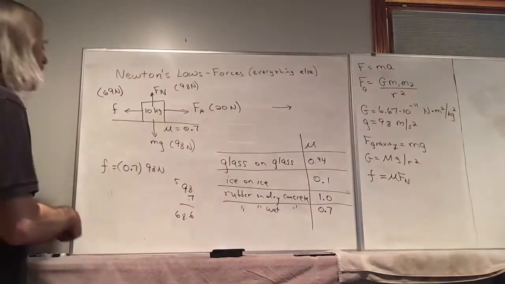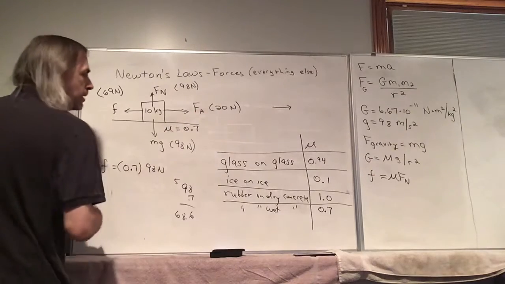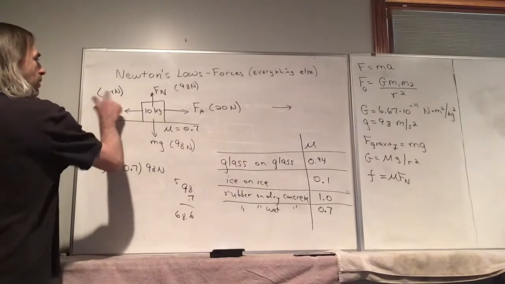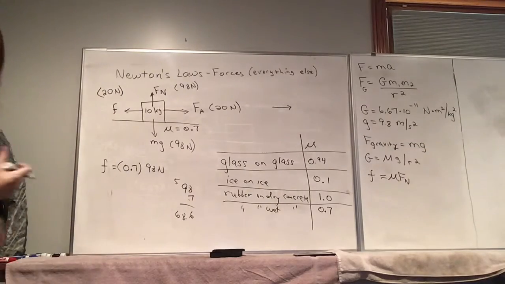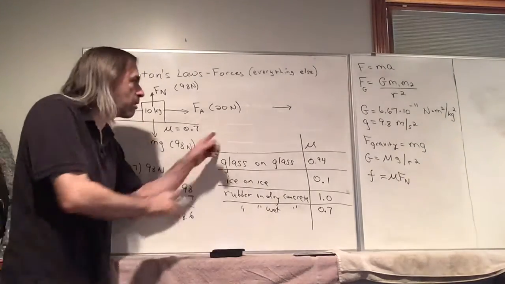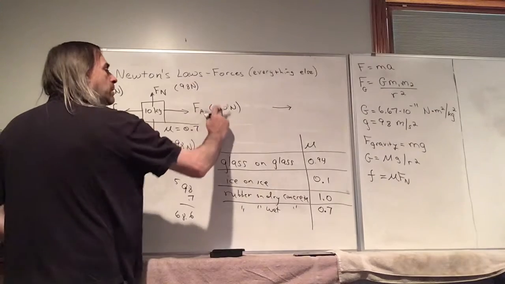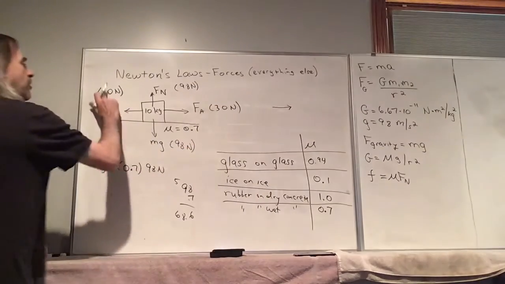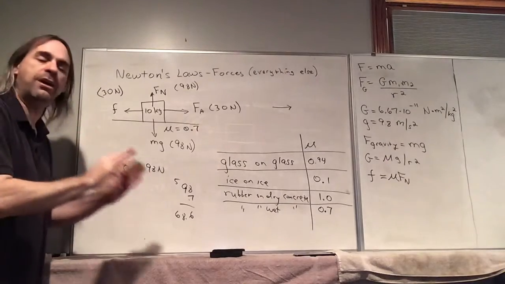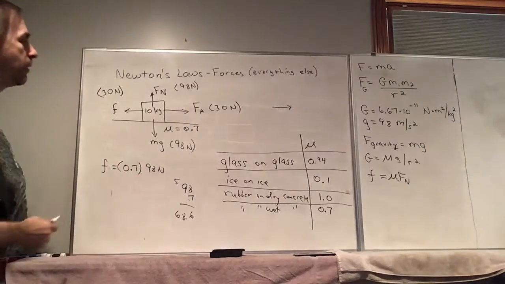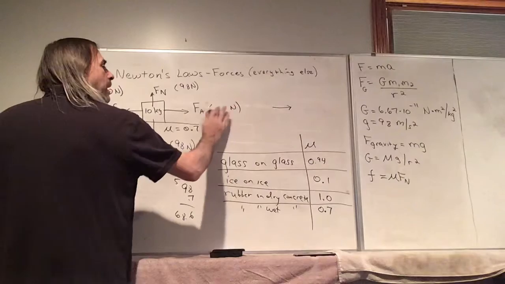So in this case, if I apply 20 newtons, friction is going to reply with 20 newtons in the opposite direction. If I push harder and increase this to 30 newtons, friction is going to reply with 30 newtons of force. It's just going to match whatever you push on it with until you get to 69 newtons.